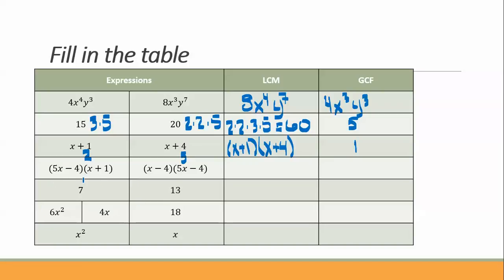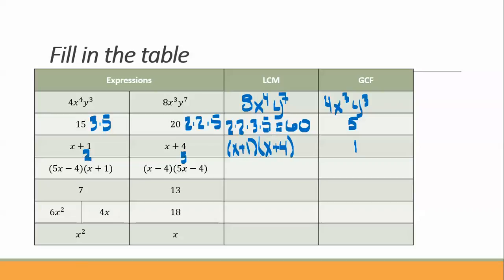Again, what's in parentheses is one number. So the least common multiple of 5x minus 4 times x plus 1 and x minus 4 times 5x minus 4, we're going to multiply all the factors together, just like we did here. We did 2 times 2 times 5 and 3 times 5, and the least common multiple was 2 times 2 times 3 times 5.